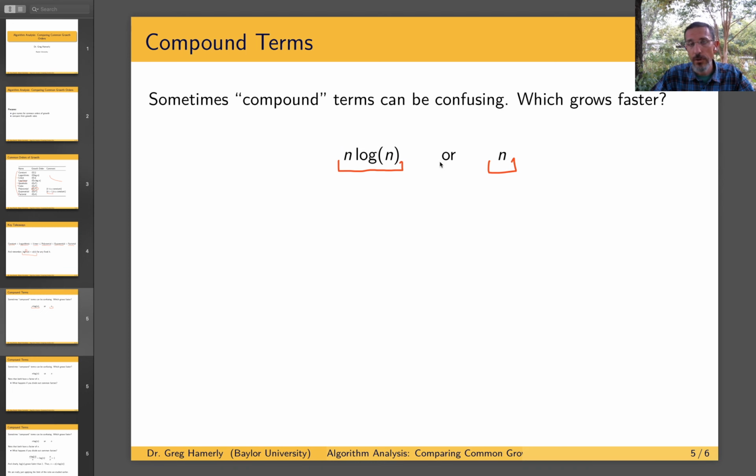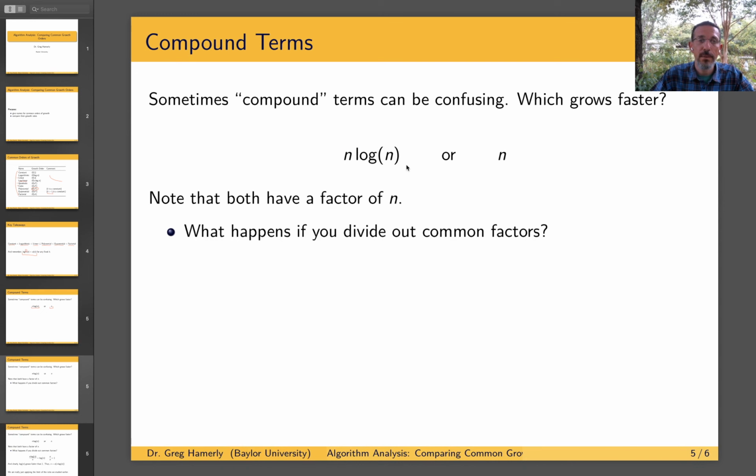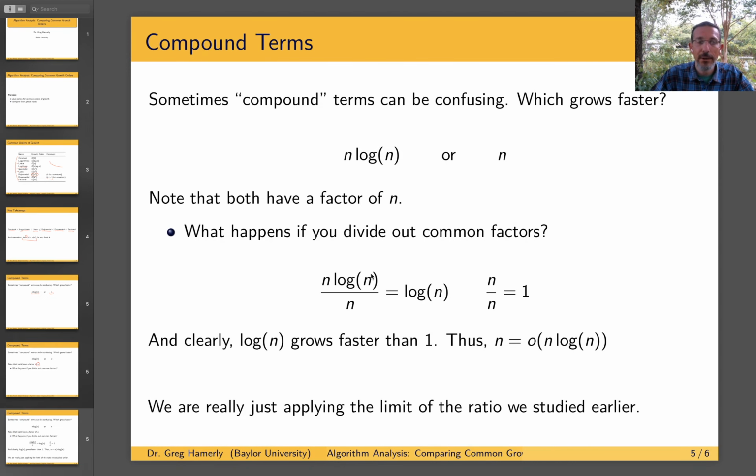There are some quick ways that you can figure this out. One way is to notice that both n log n and n have common factors of n. And so what happens if you divide out that common factor? If you divide out that common factor, n log n over n is just log n, right?